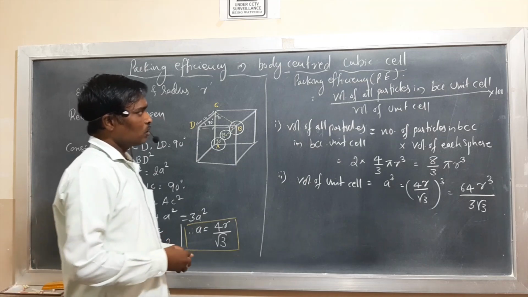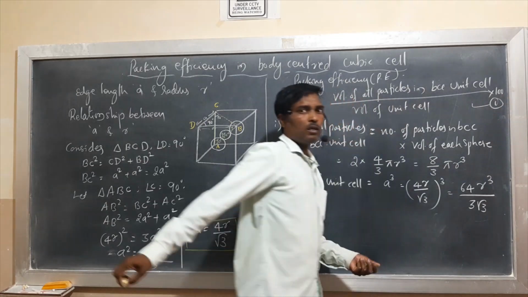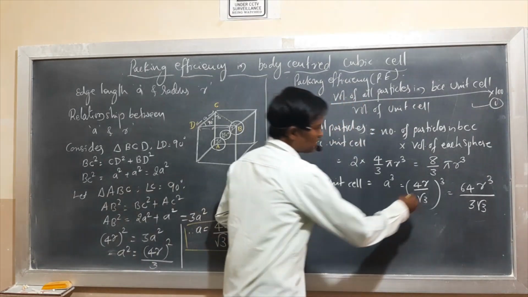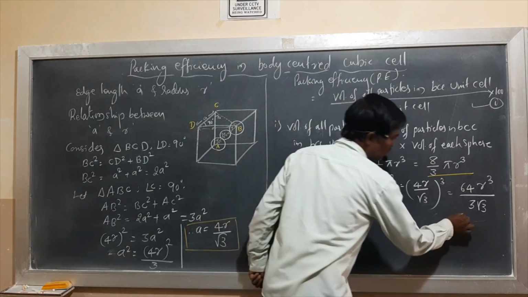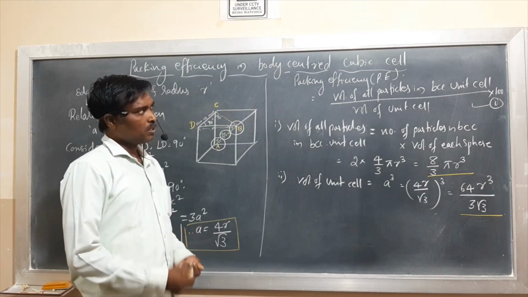Now let me substitute these two in the above equation. Let me define this as equation 1. Substituting these two in the above equation, one is the volume of all the particles, and the other is the volume of the unit cell in terms of the radius of the sphere.